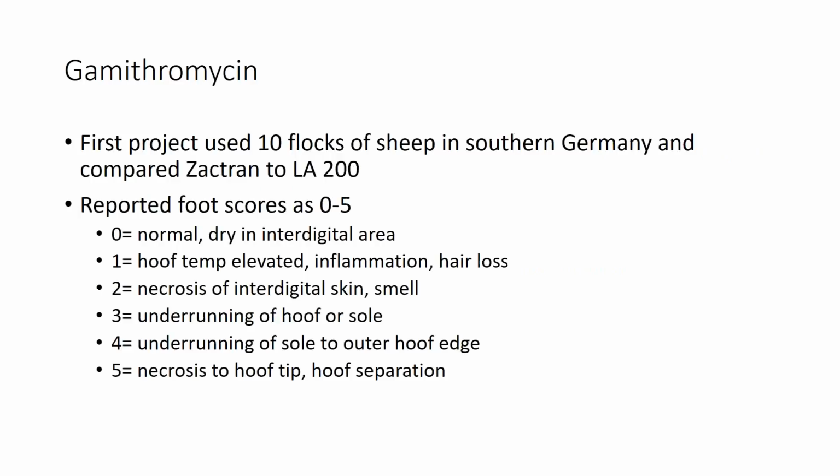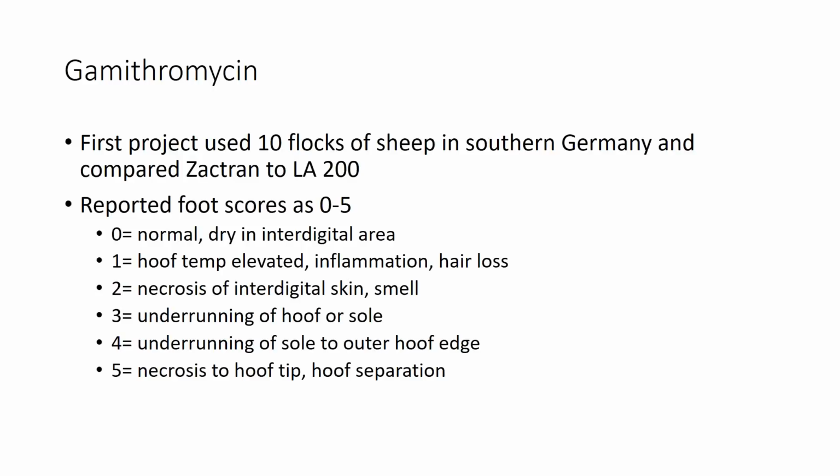The first project that they reported used 10 flocks of sheep located in southern Germany. They compared Zactran to our traditional use of oxytetracycline, or LA200, to control foot rot. They scored the feet of the sheep, where the lower the number, the better. A 0 was a normal foot, dry between the toes, no increase in temperature, no signs of scald or foot rot.